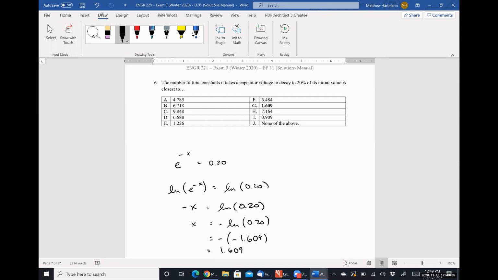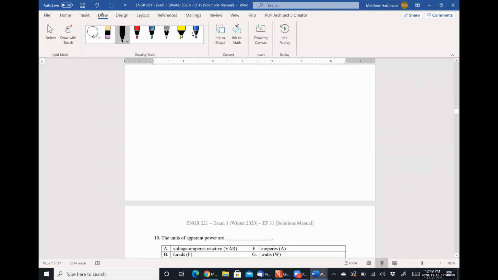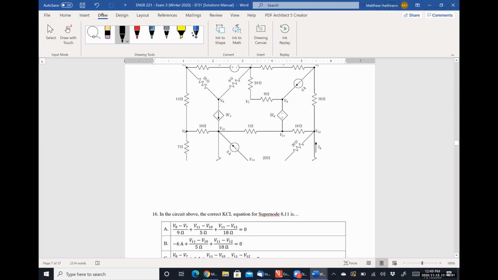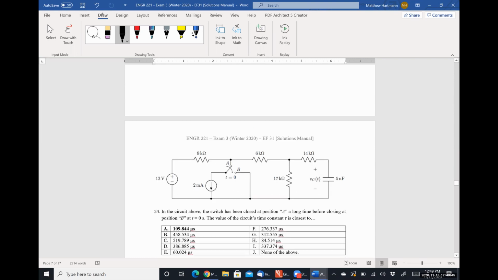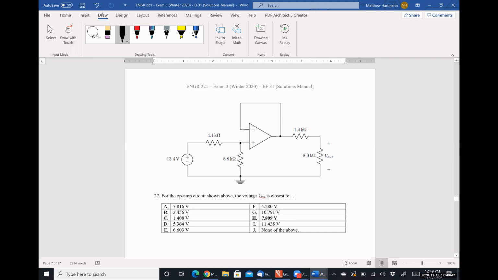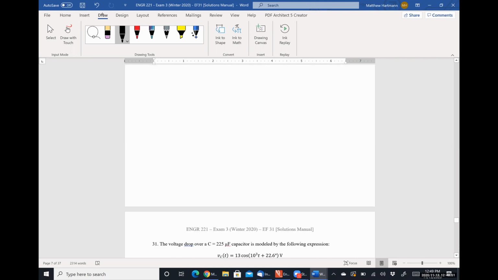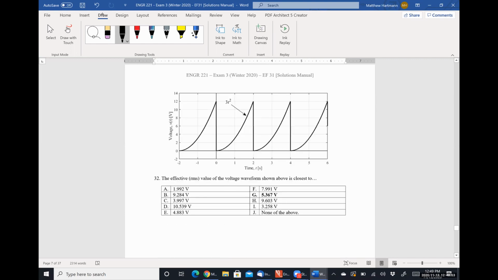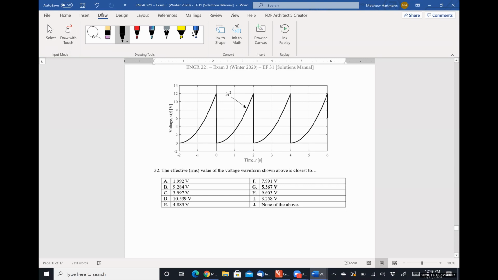Problem 32. Alrighty, so we want the RMS value of this voltage waveform.